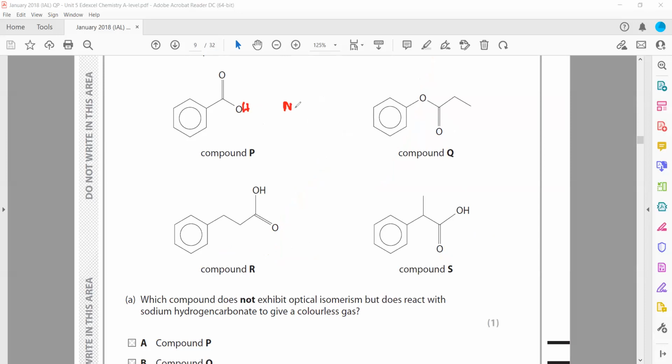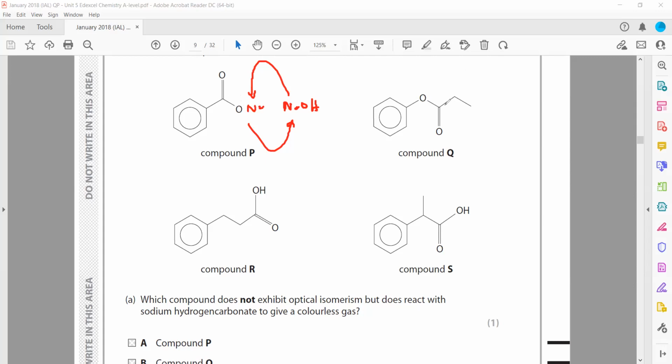Then it reacts with sodium hydroxide, and sodium will take the position of hydrogen. As a result, it will form sodium benzoate.